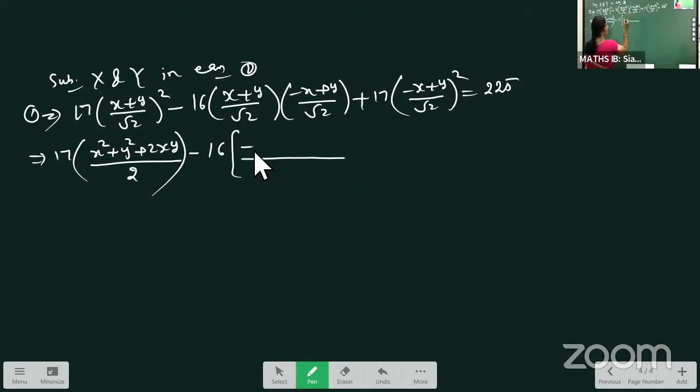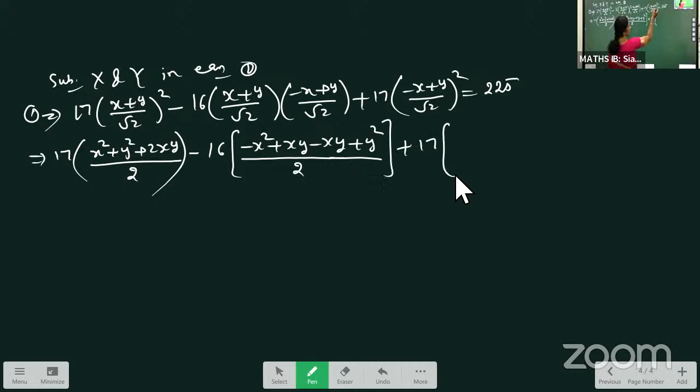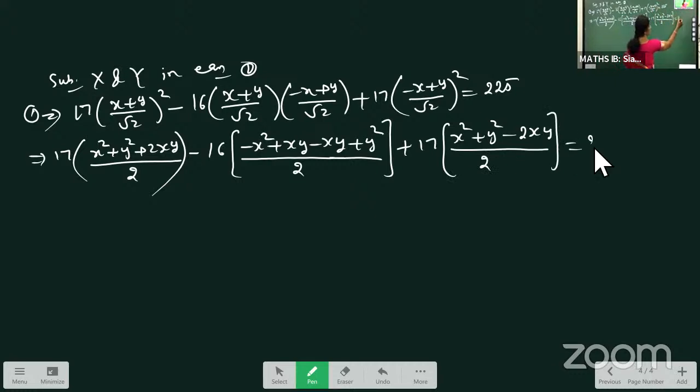X into minus x square, x into plus y xy, plus y into minus x xy, plus y into y plus y square, by root 2 into root 2 is 2, plus 17 into, again a minus b whole square, a square plus b square minus 2ab divided by root 2 whole square is 2, is equal to 225.